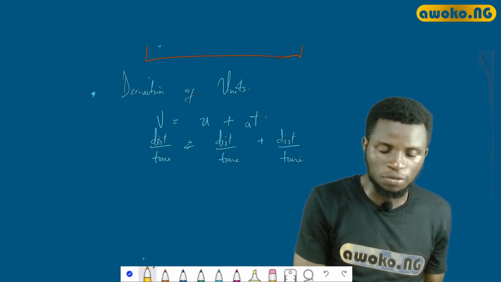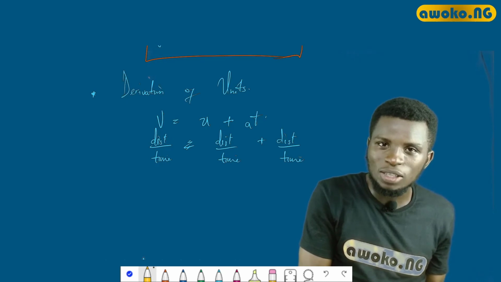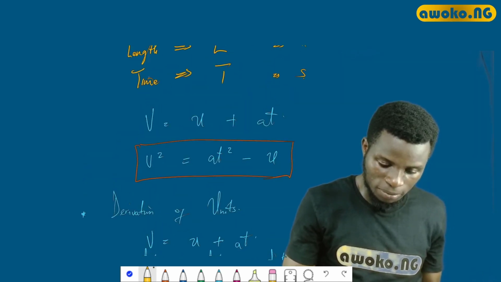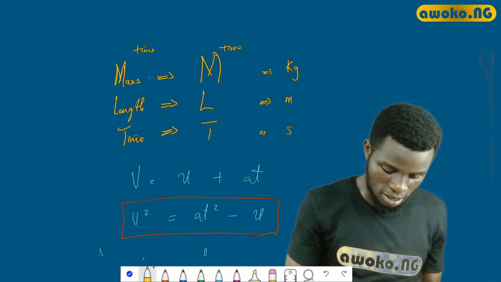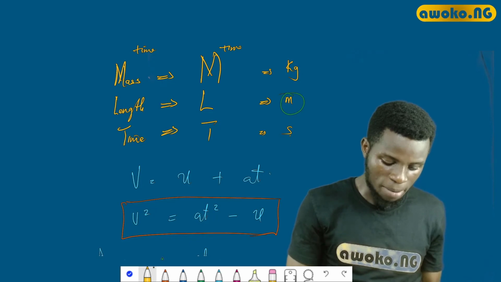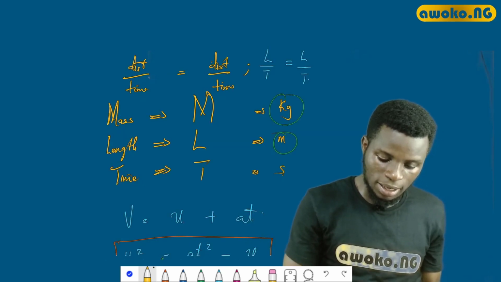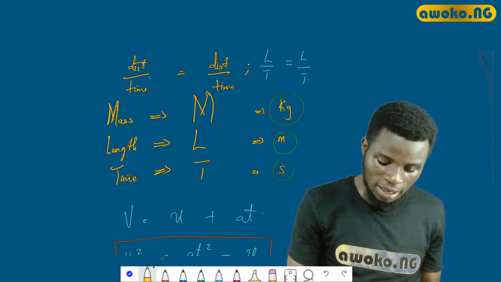The units for velocity, which is distance over time. What is the unit for length? The unit for length is m from what we have here, while the unit for mass is kg, and the unit for time is seconds.